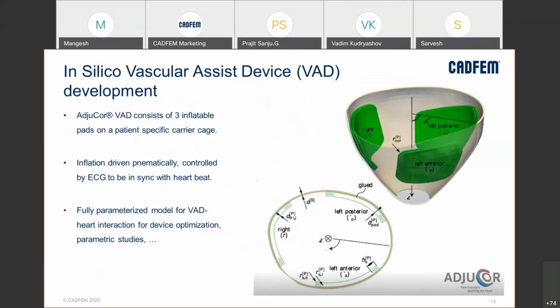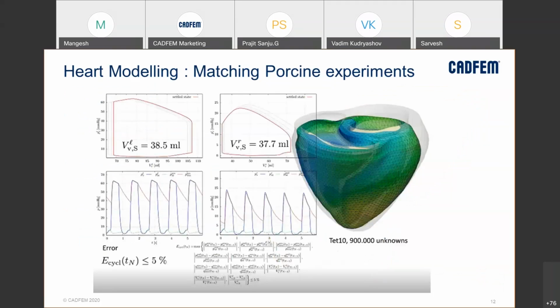One might also be interested to know how effective these heart modeling strategies are when we compare them to the real life performance of a heart. One might be interested to know what the validation is, and that's what I wanted to explain on this slide.